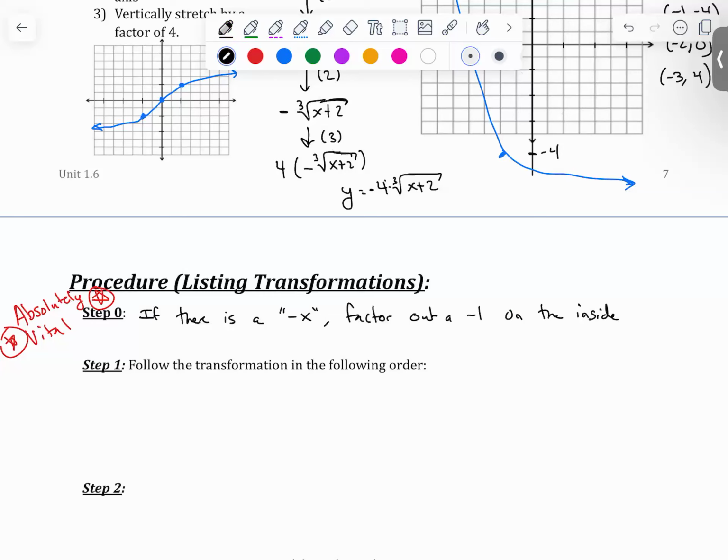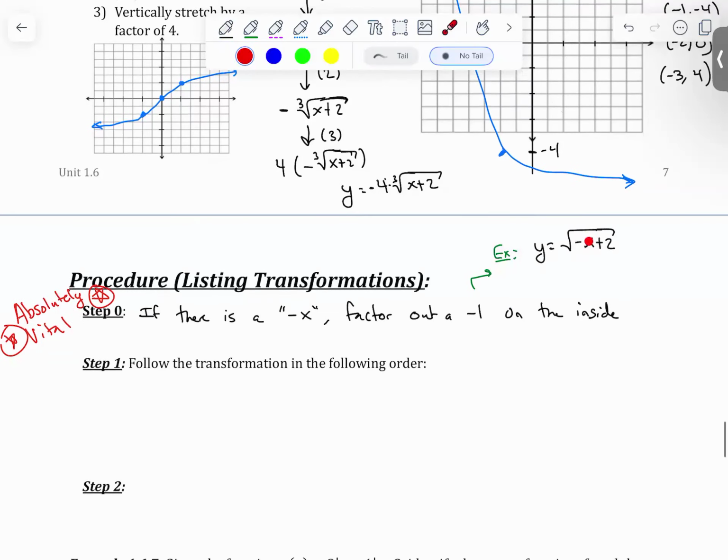So for example, if they gave you y equals the square root of -x plus 2, that's the negative x that I'm talking about. And so what you're going to do is factor out a -1 on the inside. So you're going to go to y equals the square root of negative parentheses x minus 2, because by factoring out the -1, you change the sign of everything on the inside.